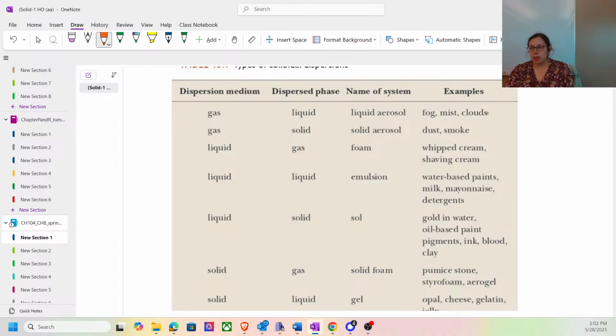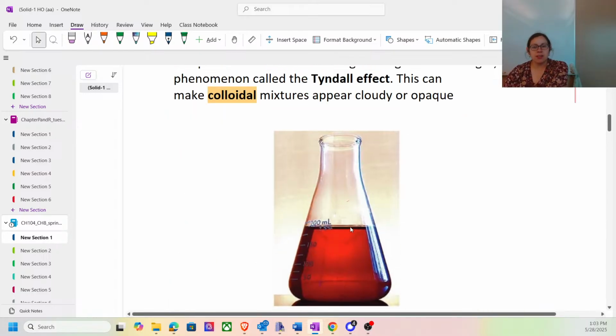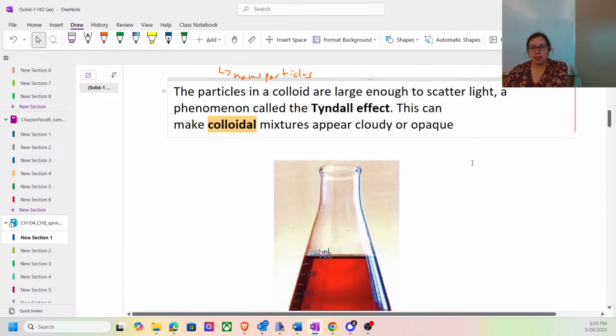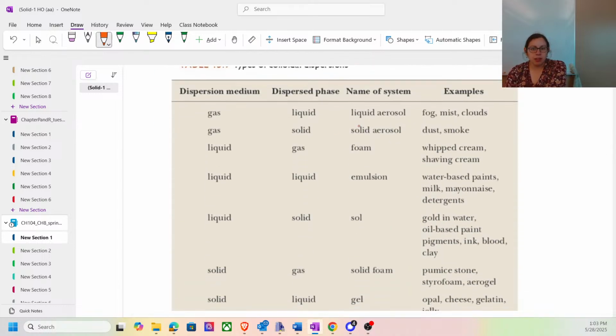You're thinking about how the water particles, when it's foggy, are all dispersed in the air, and of course they also reflect light randomly. So you see the Tyndall effect of dispersing the light with fog. You can have gas and solids, like dust or smoke.